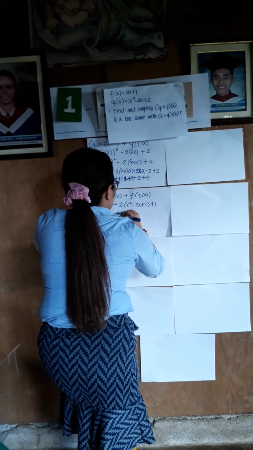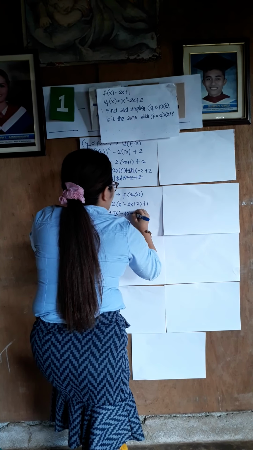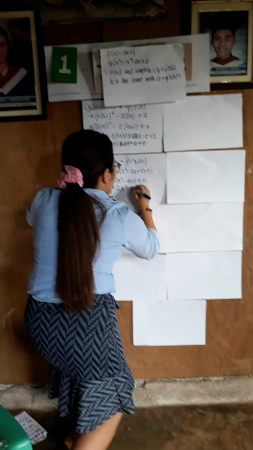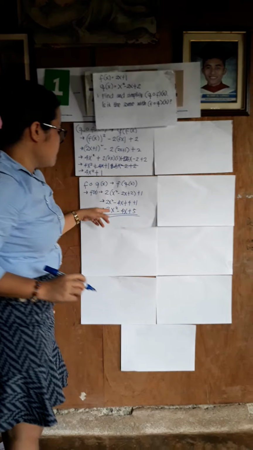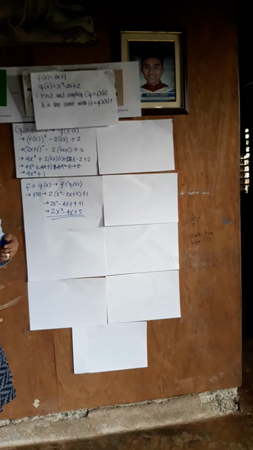This will turn into 2x squared minus 4x plus 4 plus 1, because negative 2x multiplied by 2 is negative 4x, and the rest are all positive. So 2x squared minus 4x plus 5. As you notice, the results of both equations are different.